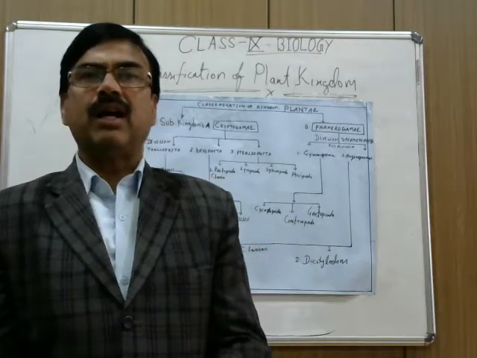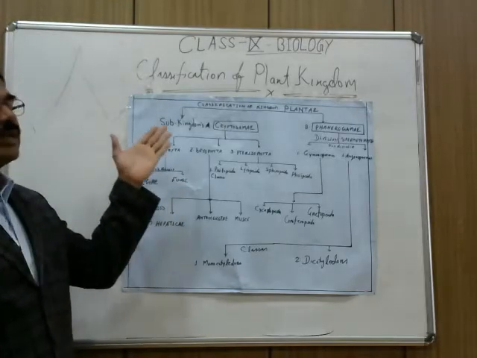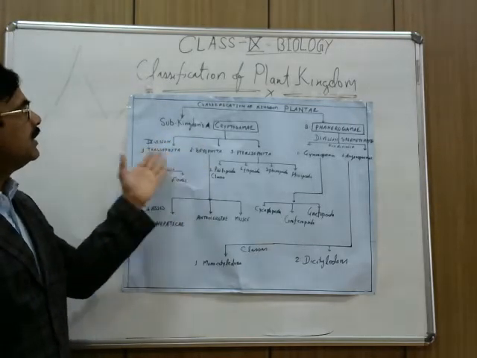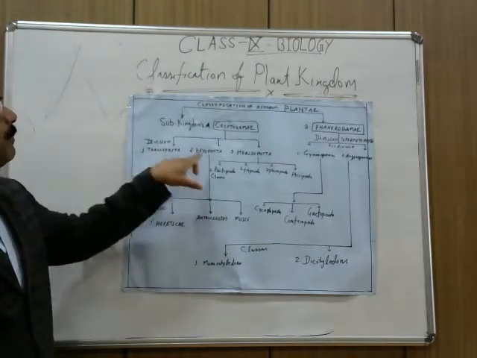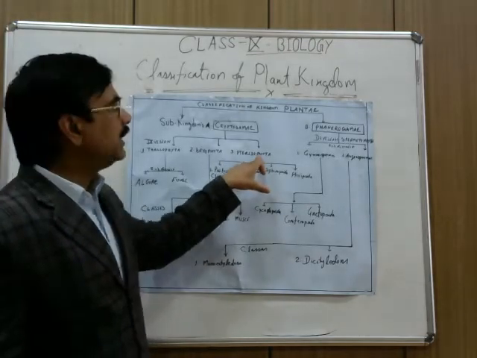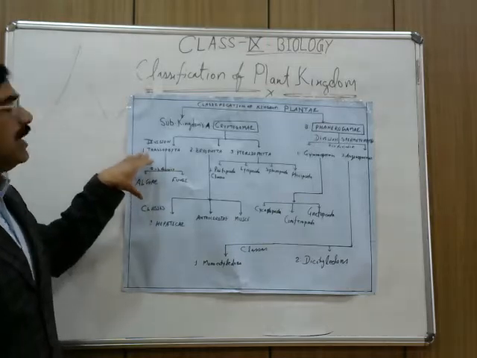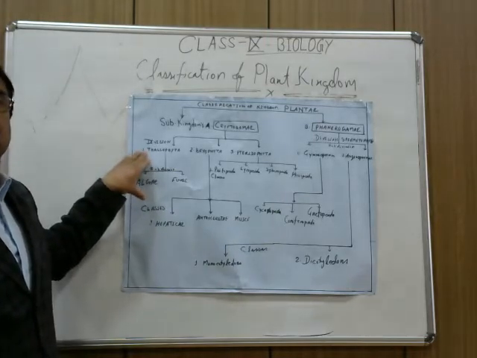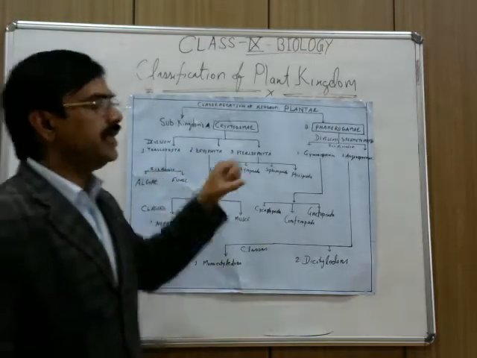First, I would like to tell you that in the sub-kingdom cryptogamous there are divisions: Thallophyta, Bryophyta and Pteridophyta. So there are three subdivisions: Thallophyta, where a thalloid structure is there, then Bryophyta, and then Pteridophyta.